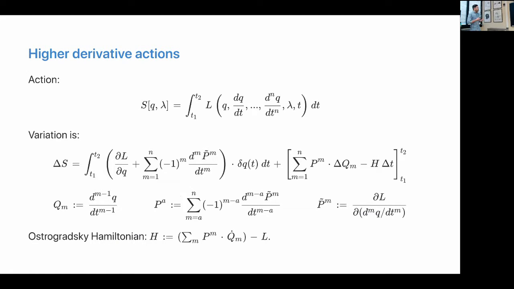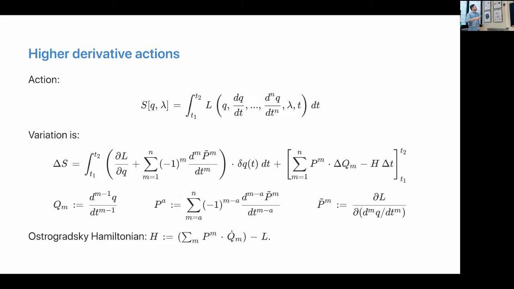Another neat result that you can get is the Ostrogradsky Hamiltonian for higher derivative actions in a relatively straightforward way. The equations here are a bit more complicated, and that's because I'm not trying to hide anything, or I'm hiding less here.